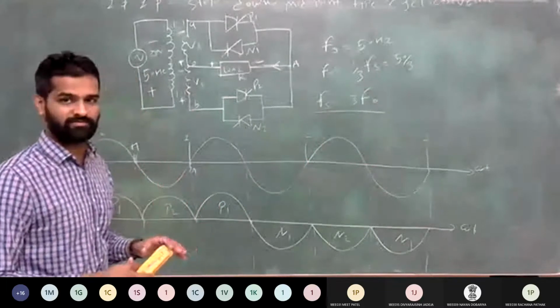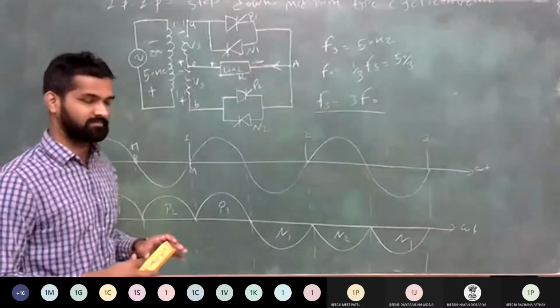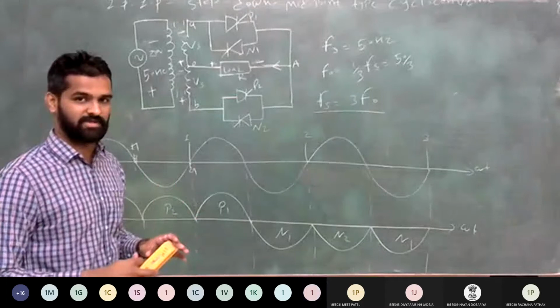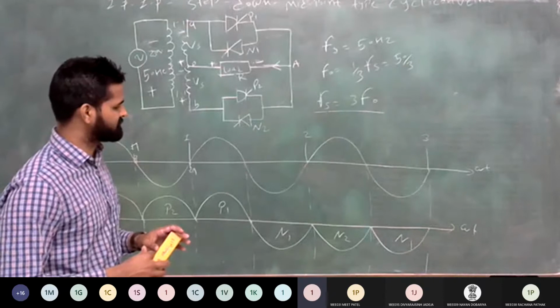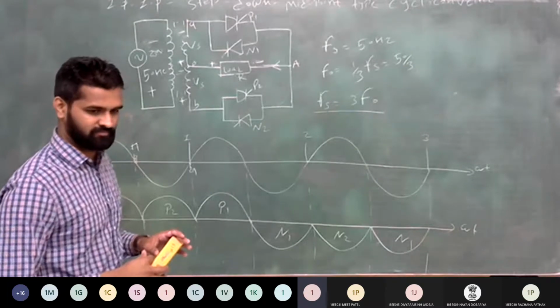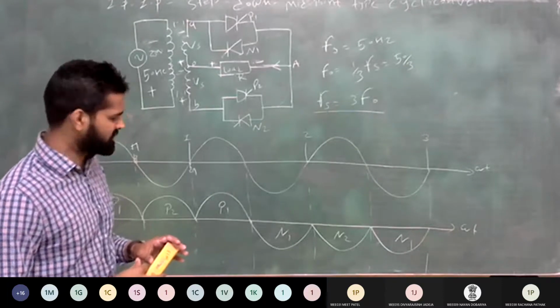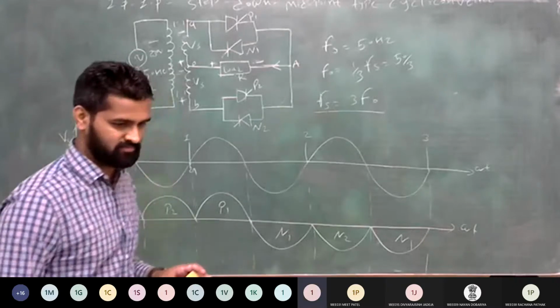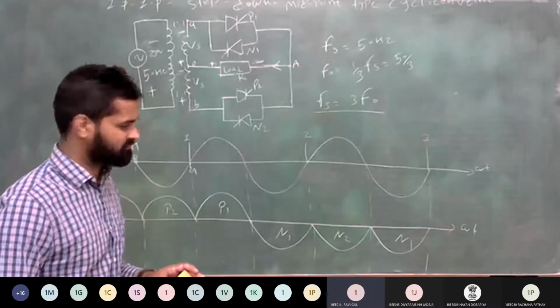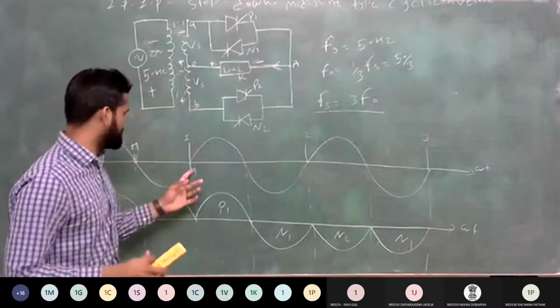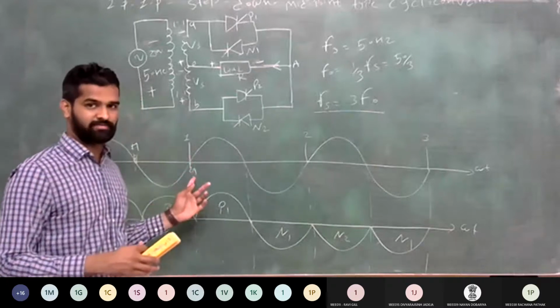Any doubt? Yes, sir. We have to give the gate pulse to the thyristor. So there won't be a triggering angle alpha, as we are providing a gate pulse to turn on the thyristor at the zero crossing instant.